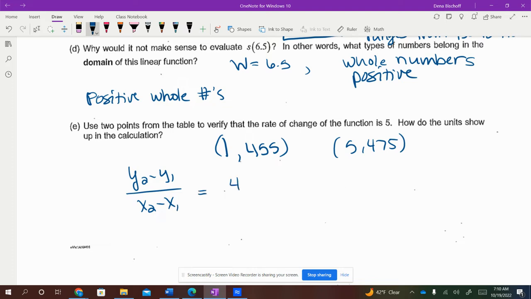So y2, 475 minus y1, 455, over 5, x2, minus x1, 1. So 475 minus 455 is 20. 5 minus 1 is 4, and 20 divided by 4 is 5. So these are the same.